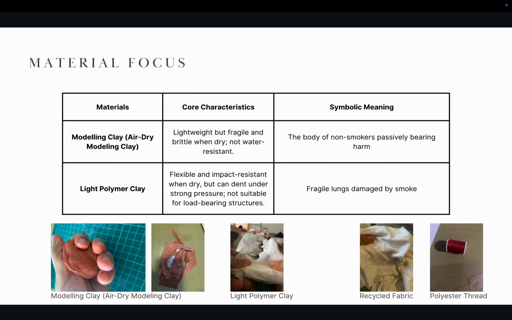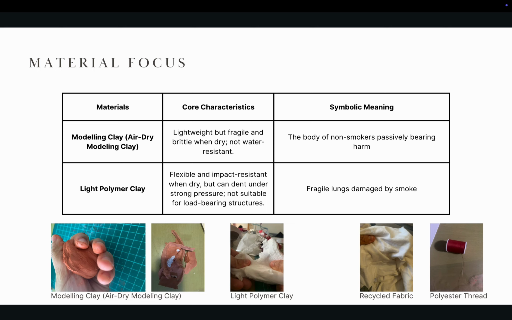I focus on two core materials, air-dry modeling clay and light polymer clay. Modeling clay is lightweight but fragile after drying, symbolizing the body passively bearing harm. Fragility and instability reflect the passive shaping of non-smokers' bodies.